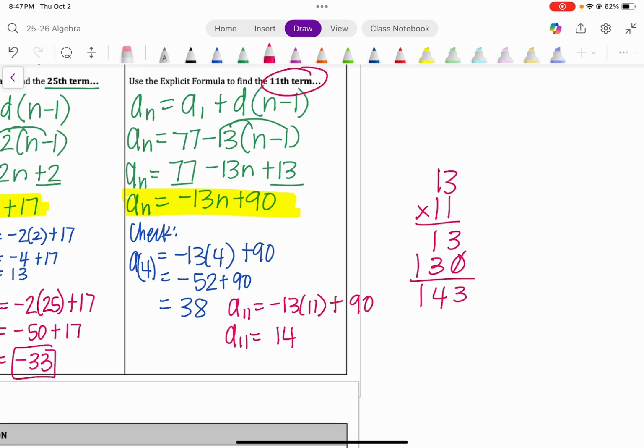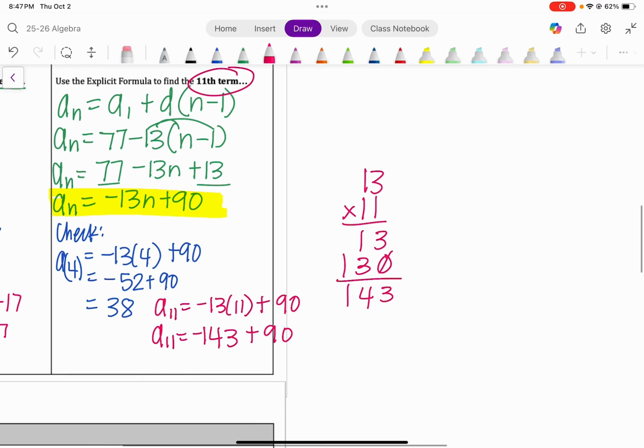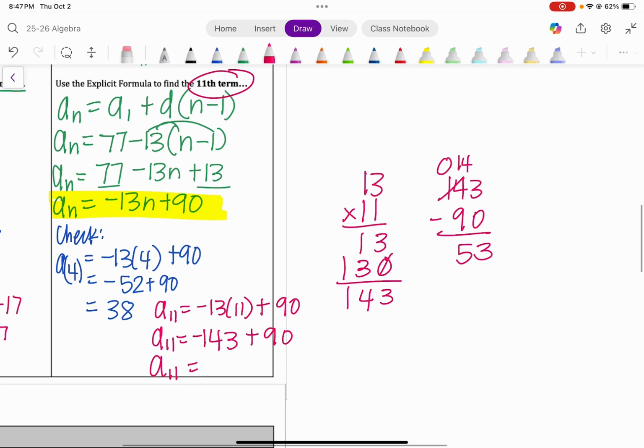So 143, negative 143 plus 90. And when I subtract those numbers, I'm getting a of 11 would equal negative 53.